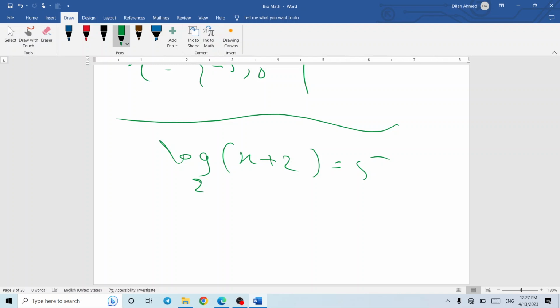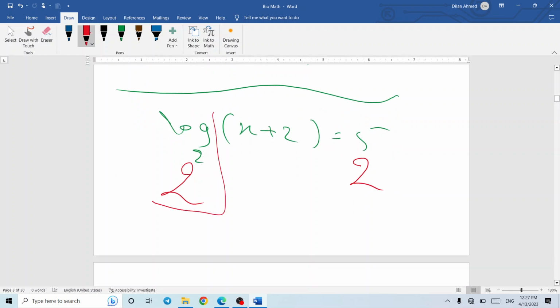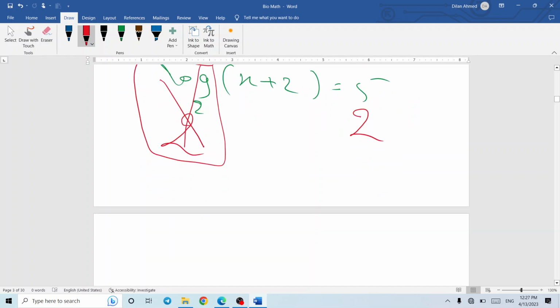For e, we took ln or log. How about for log? We should take e or a power, right? Reverse. How? I say both sides, I'm going to raise to power 2. Why? Because I know these 2 will cancel. Understood? So what remains on the left side? x plus 2 and 2 to power 5 is equal to what?